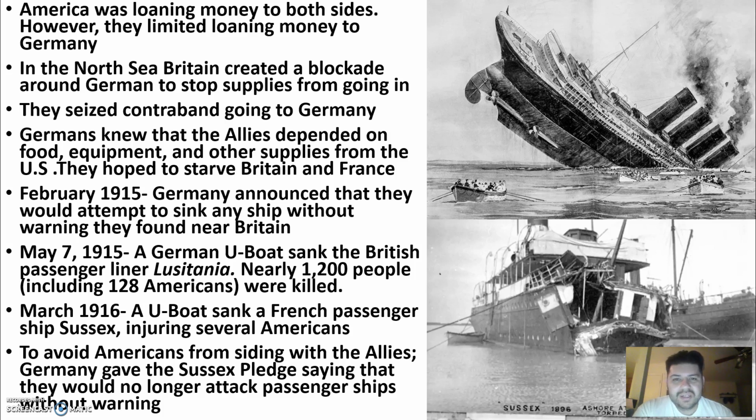Now, to keep the Americans from siding with the Allies, the Germans were quick to say, you know what, this is all just a little mistake. So they gave a pledge, the Sussex Pledge, which said that they would no longer attack passenger ships without warning. That's key. But again, things are going to change in a little bit.